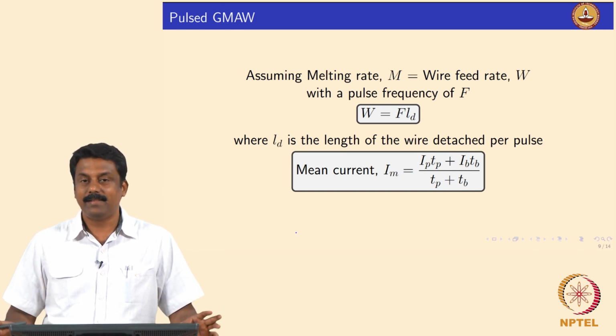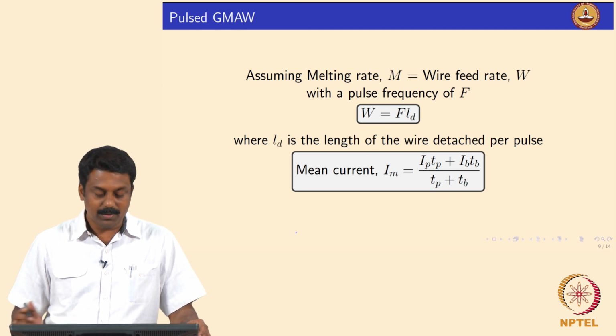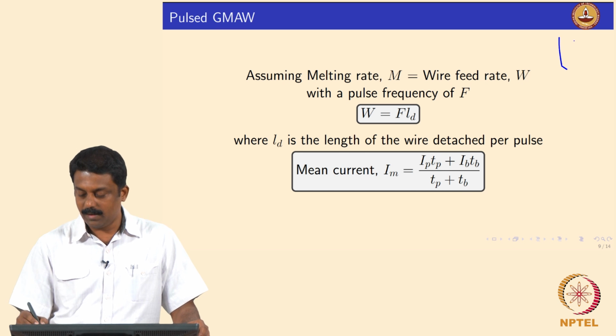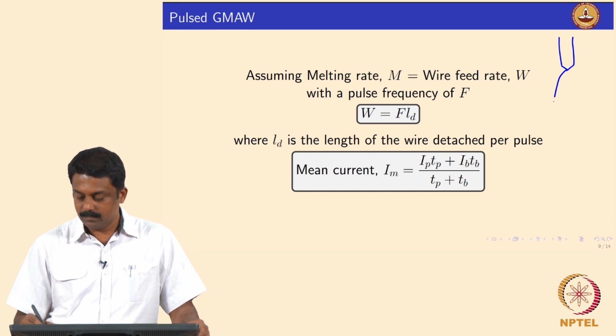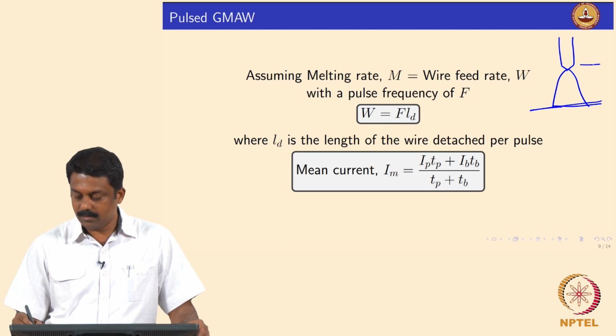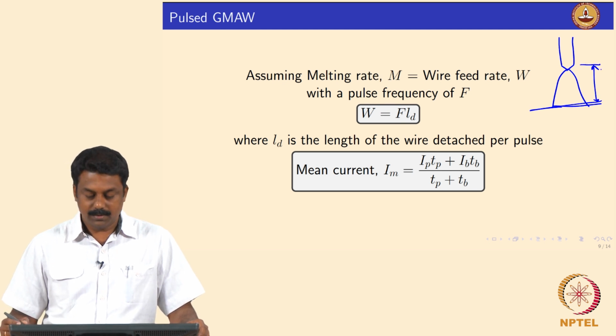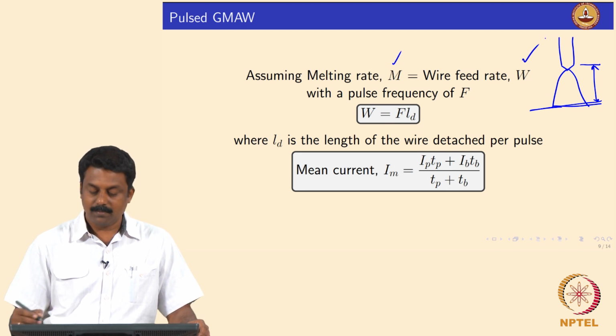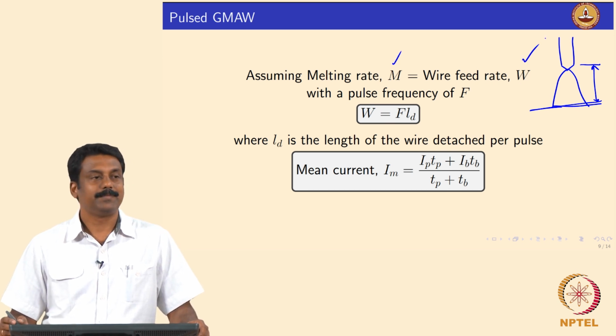So, these are all very basic simple physics. Suppose you want to maintain a constant arc length. This is my arc length, and it should be constant. That means the melting rate should be equal to the wire feed rate, isn't it?